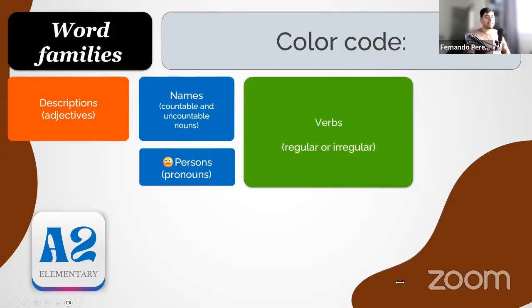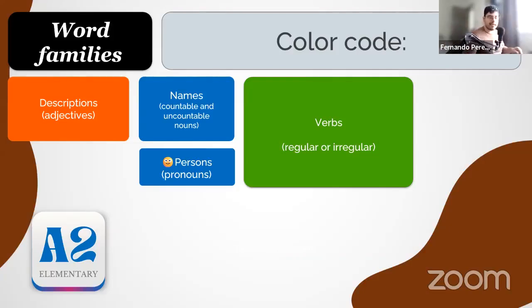What is the difference between a regular verb or an irregular verb? I don't know. Oh, interesting. That's perfect because we are going to see that again in the following classes. The first month is going to be a review of everything.